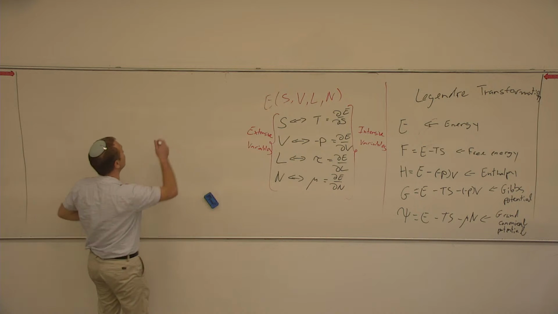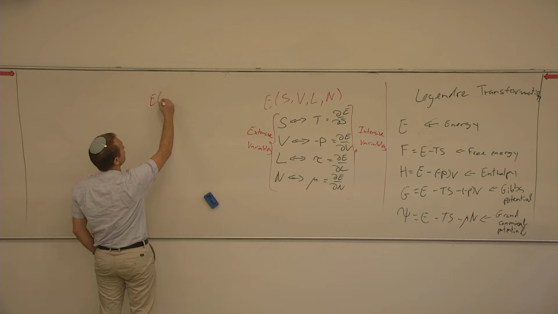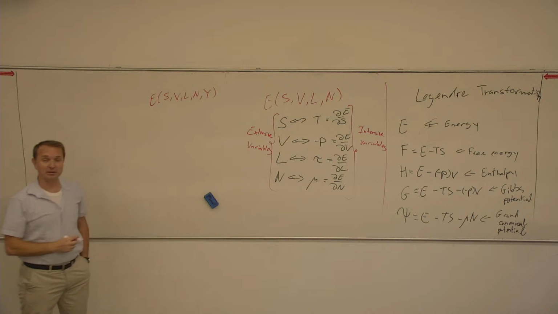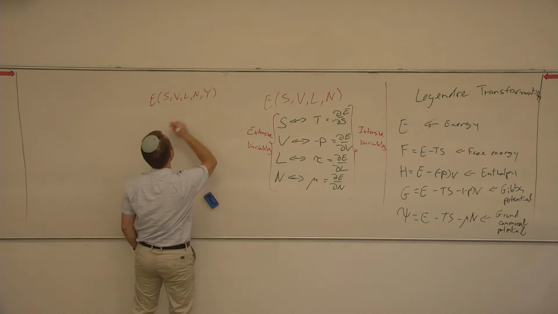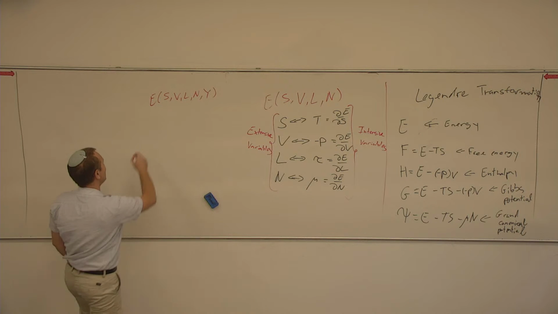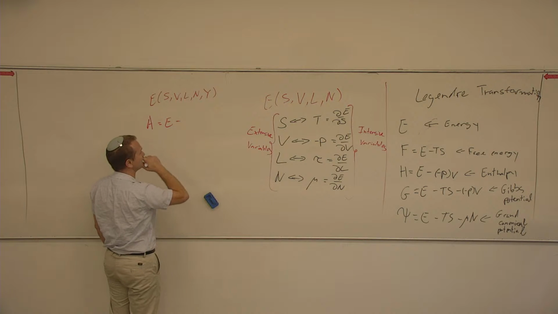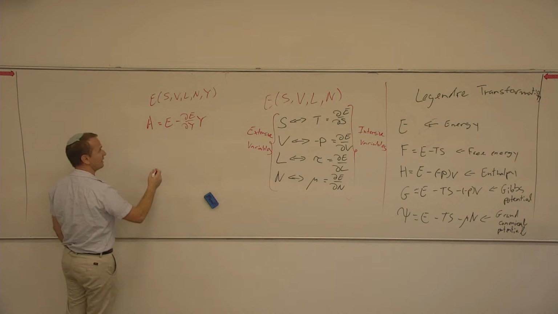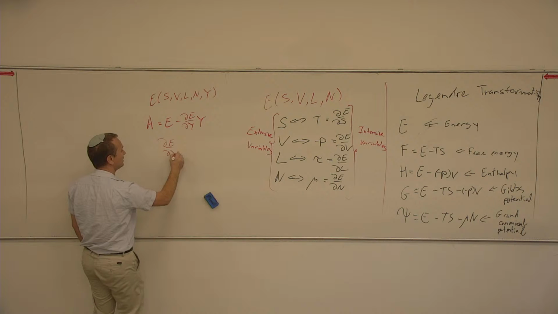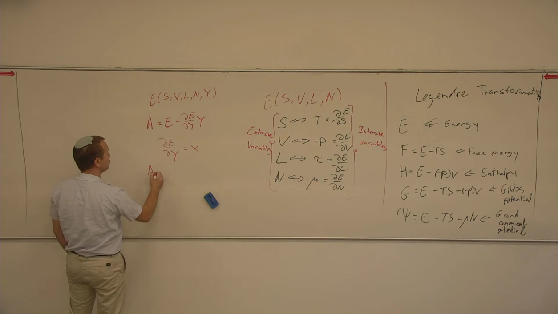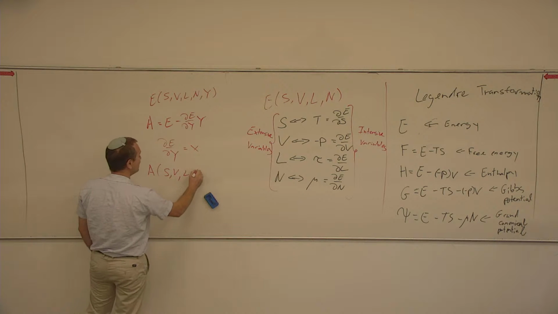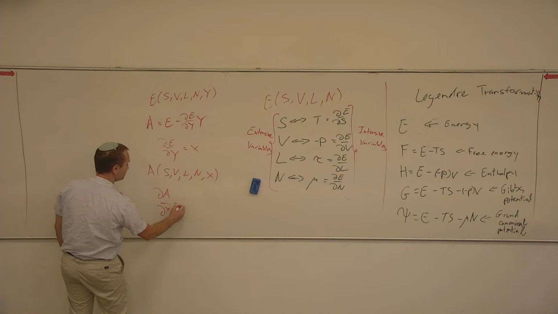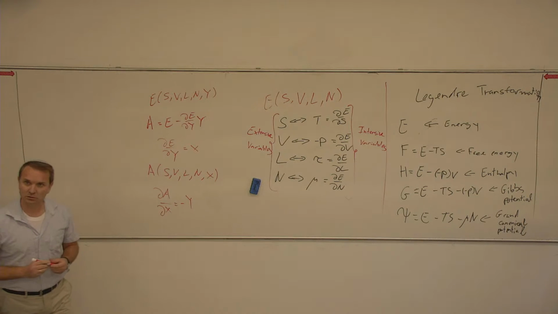Let's assume I had E, S, V, L, N, and some additional variable Y. I could invent a function A, which is E minus dE/dY multiplied by Y. If I call dE/dY X, A is going to be a function of S, V, L, N, and X, and dA/dX is going to be equal to minus Y.